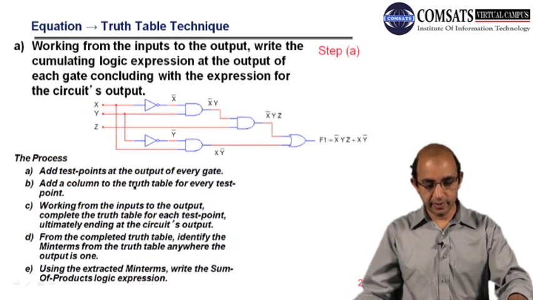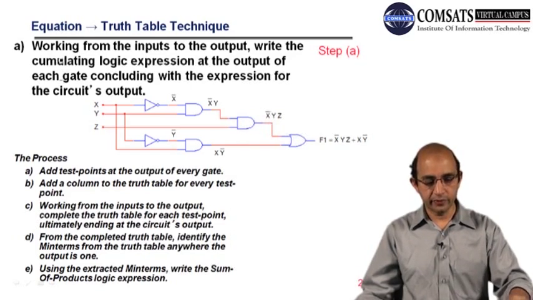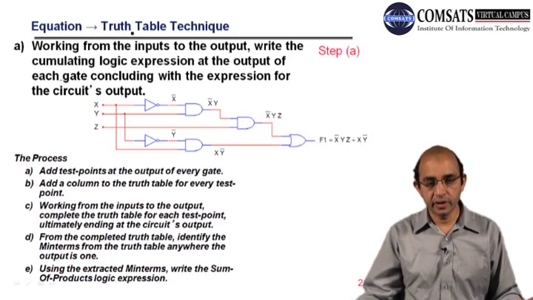Here I have mentioned the number of steps which we followed when we were moving from truth table to equation, so that we can compare. Whenever we have an equation and we are moving to the truth table, we have only 2 steps.